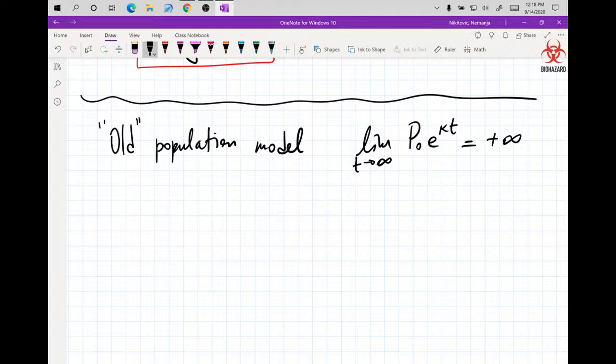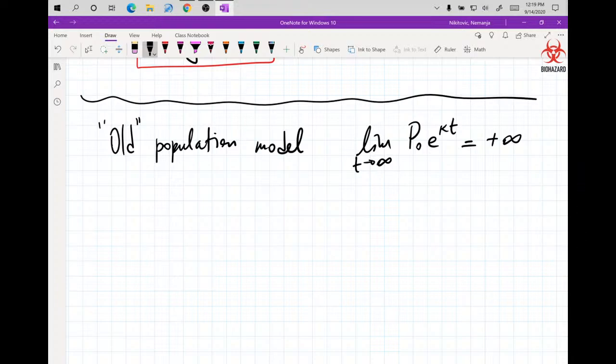And we know that we can't have infinite population on a planet that has a finite surface area and finite resources, right? So we need a better solution to the problem to explain population.